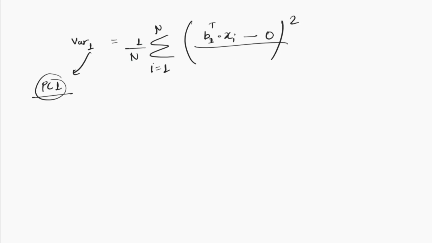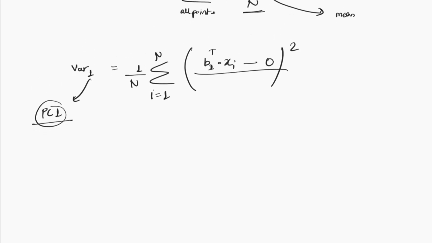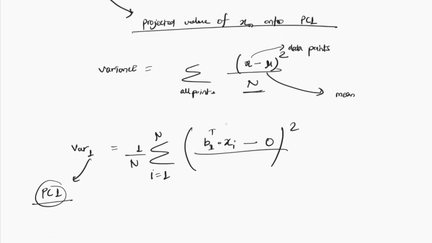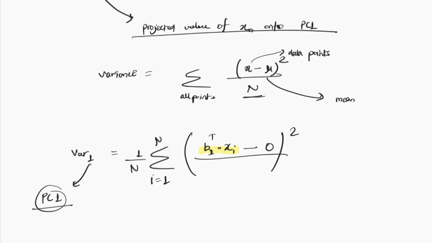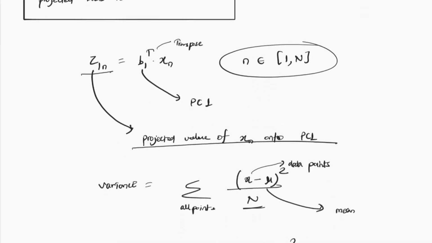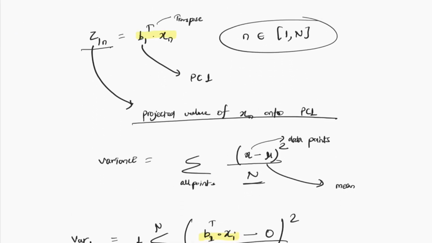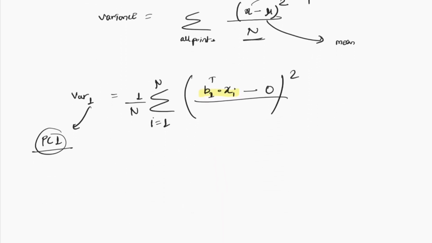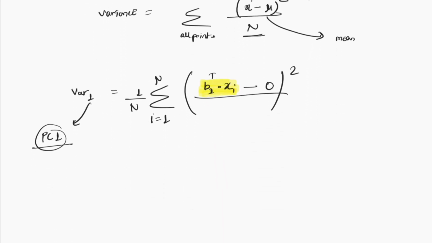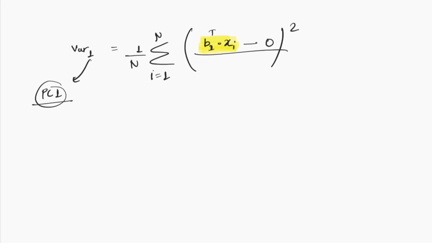So this is the variance when we project the data onto PC1, and this is coming from here. We are just putting in the projected data point and finding the variance onto PC1. This can be called the variance on PC1. So we have projected all the data points on PC1, and we are now trying to find the variance of the data points on that PC.